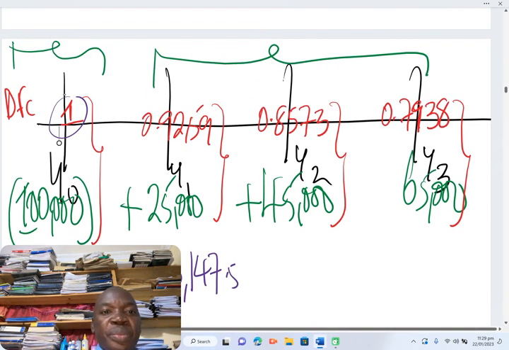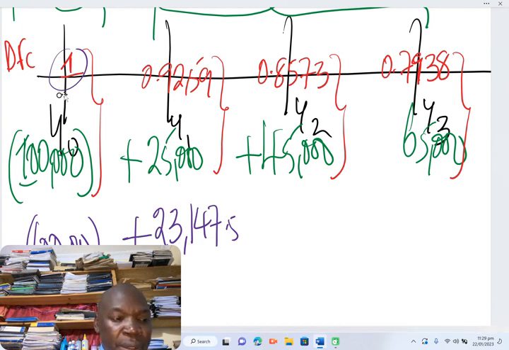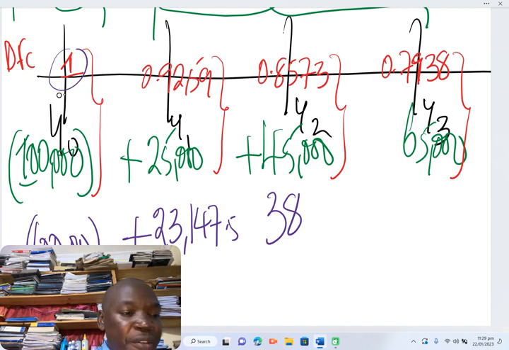In year 2, you multiply 0.8573 by 45,000, so this is positive 38,578.5.